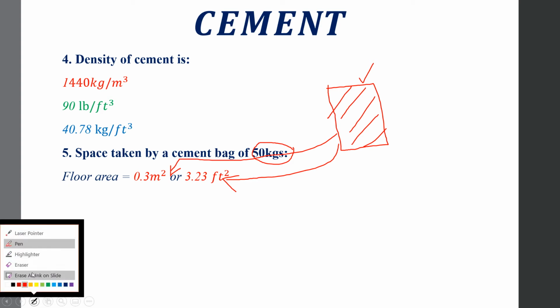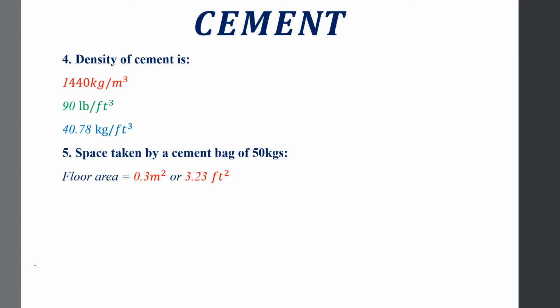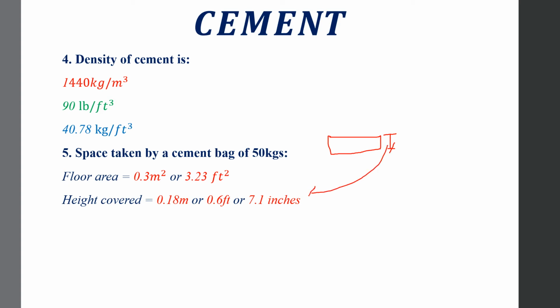What height will it cover? It will cover a height of 0.18 meter. Suppose we have placed a bag and this is its section from the other side; its height will be 7.1 inches exactly, less than 0.6 feet, or 0.18 meters.